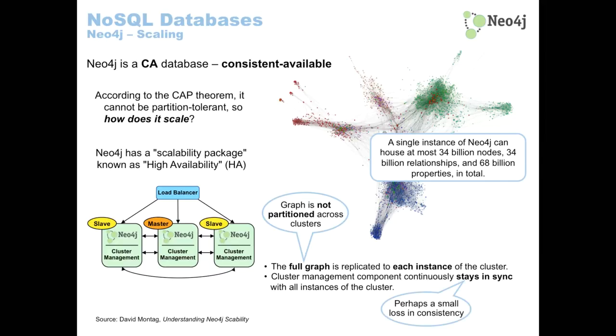And if the cluster management components are constantly syncing things up, then there may be a small loss in consistency across different clusters. So it looks like scalability is more focused on high availability rather than actual scaling beyond a single instance of the database.